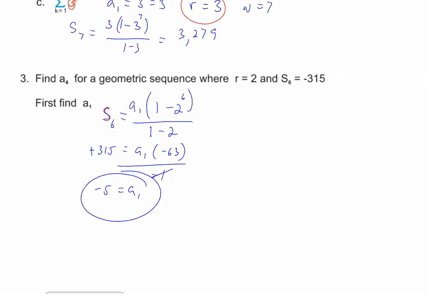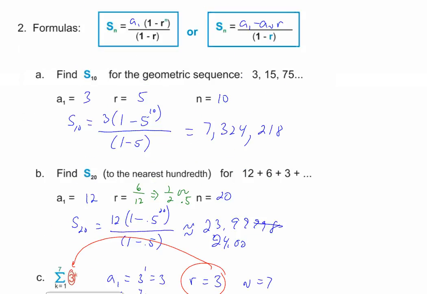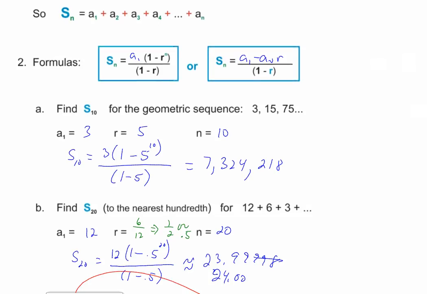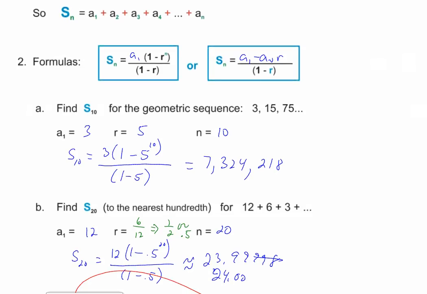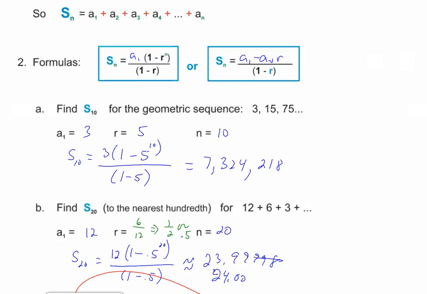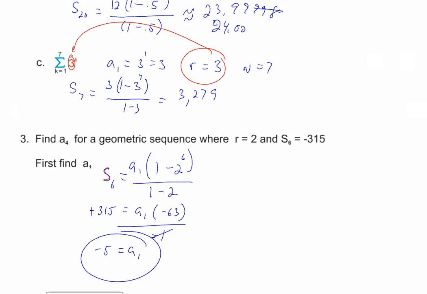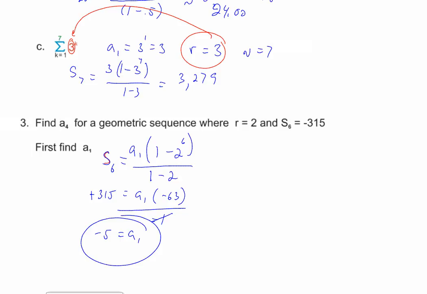Luke? Let's see. We know a sub 1. Use the second formula to try to accomplish getting a sub n? Yeah, because I would use the explicit or general term formula. That's the better way to go at this point. So you got to remember, what is it for a geometric sequence?